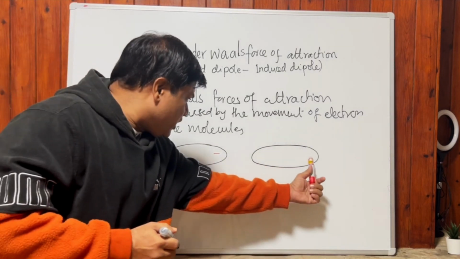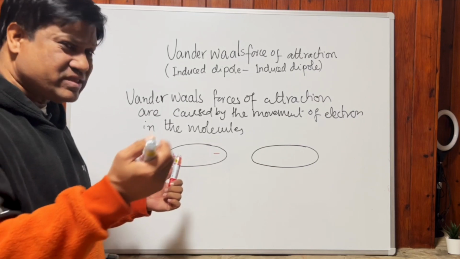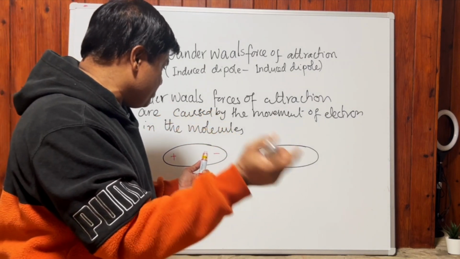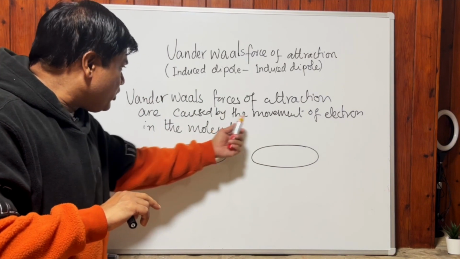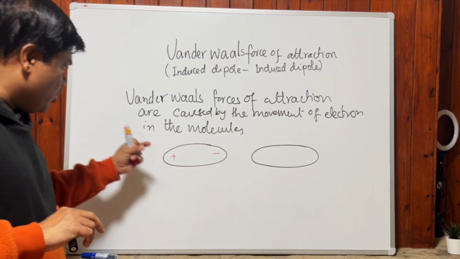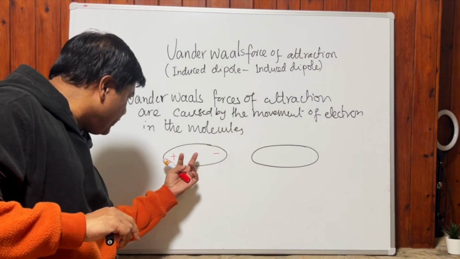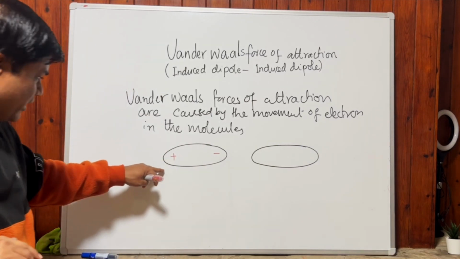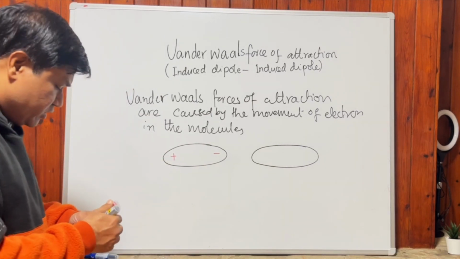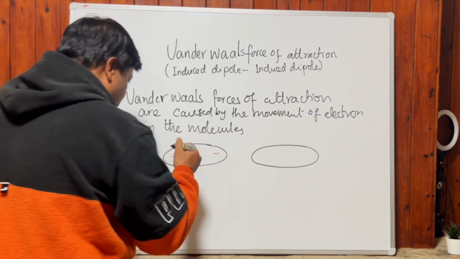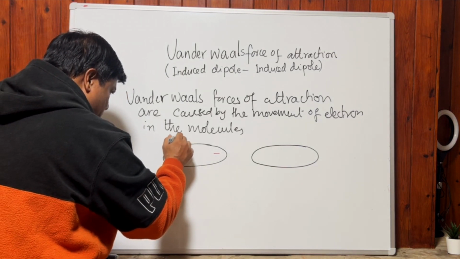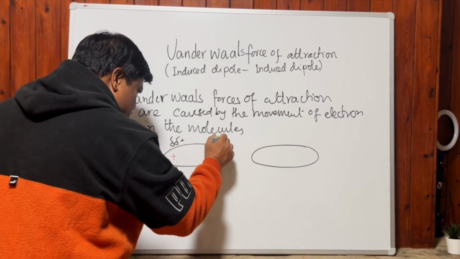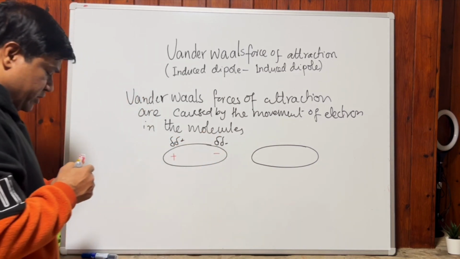If that molecule comes close to this molecule, it's just like a balloon. The movement of the electron causes an instantaneous dipole in that molecule. So it has a very weak partial positive and a partial negative here.